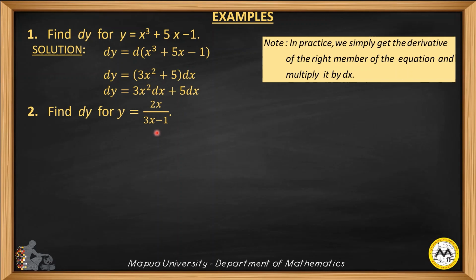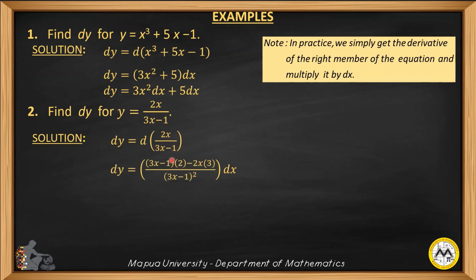Working on another example where we need the differential of y defined as the ratio of 2x to 3x minus 1. Again, the differential dy is obtained by multiplying the derivative of 2x divided by 3x minus 1 with dx.